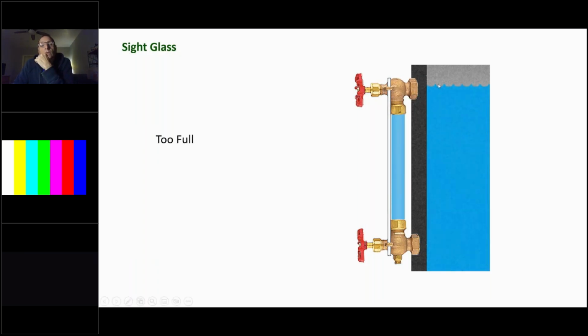If it's too full, maybe we've got too much condensate coming back somehow, or we've got sluggish condensate return. Let's say we go through a cycle on the boiler, but because it's a real long run in the basement of maybe an 80, 90-year-old house, some of the return lines start to sag, which causes a delay in getting the condensate back, or there's some obstruction in the return lines slowing down the condensate.